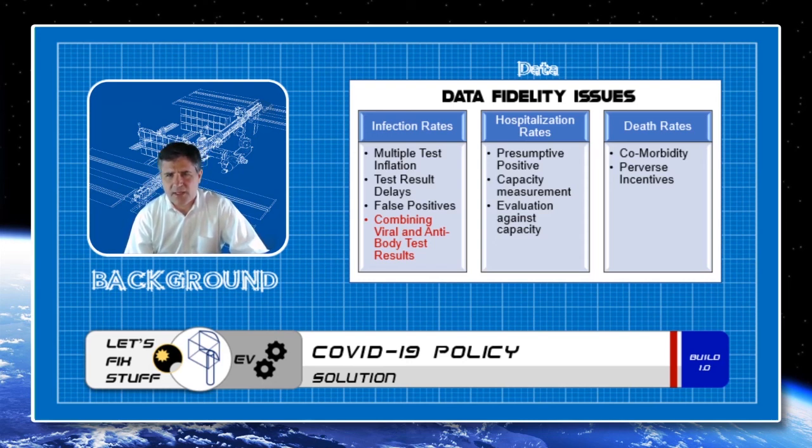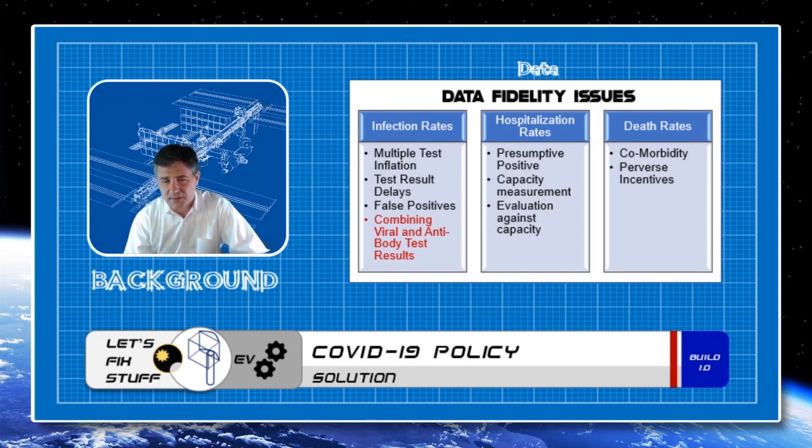Another issue is that a lot of the hospitalization rates involve patients that are being treated as presumptive positive. So we've got people being admitted as having COVID, but they don't have any tests affirming that they are COVID. And this has happened with one of my family members as well. So this is indeed happening.